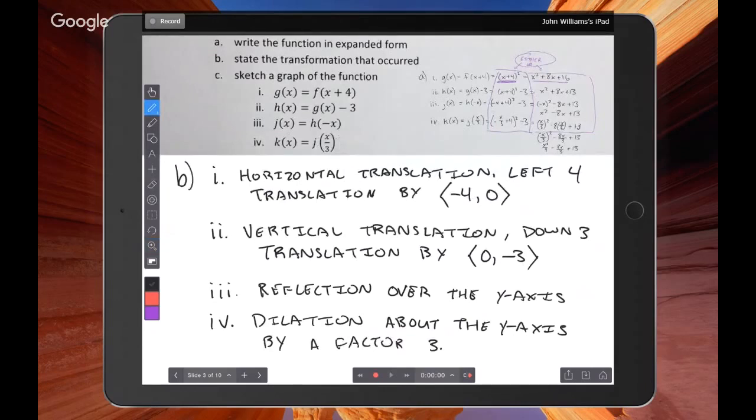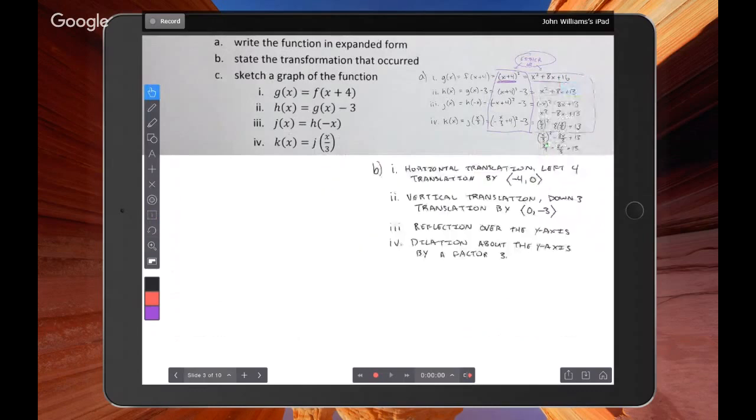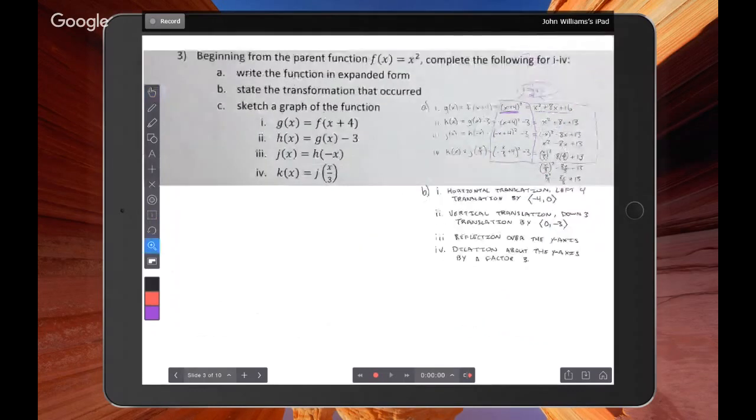All of the points become 3 times as far from the y-axis as they used to be. Cool. I'm going to put part B away, which brings me to part C, sketch a graph of all of these parts. Okay, there's part A, there's part B.